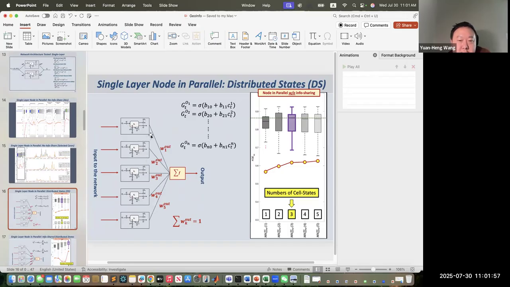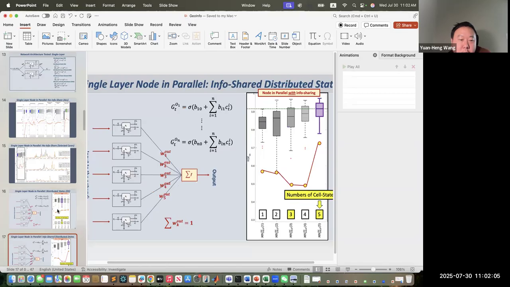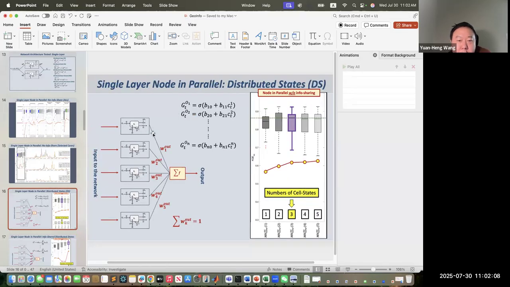The default case is each model just does things by itself. So they do the thing by themselves, meaning the output gate learns from the cell state. For example, the output gate of the top node learns from the cell state within itself.